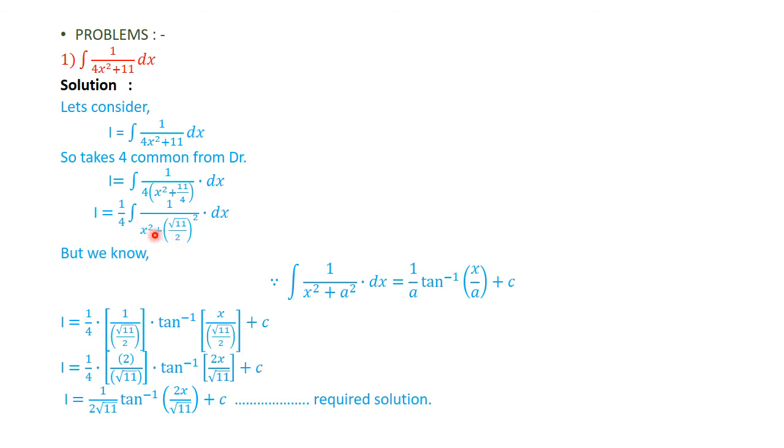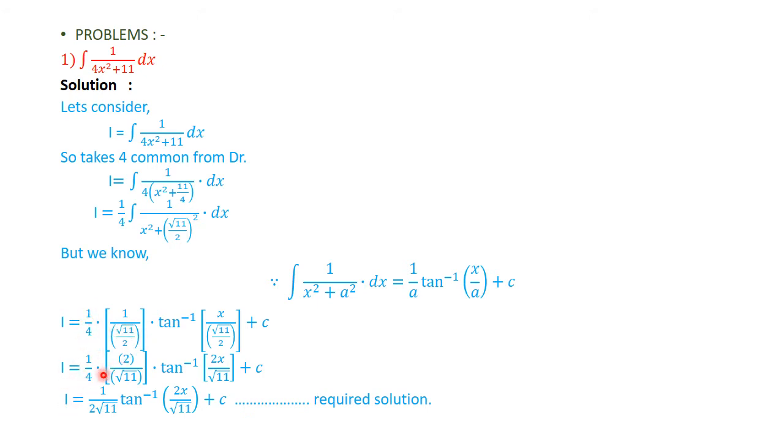You are very brilliant students, so you may get that this is a standard form: 1 by x square plus a square dx, and its result is 1 by a tan inverse of x by a plus c. Therefore I is equal to 1 by 4, as it is, into 1 by a, where a is root 11 by 2, and tan inverse of x by a, that is x by root 11 by 2, plus c.